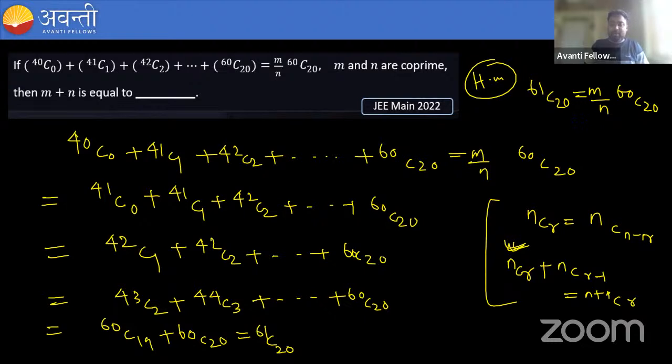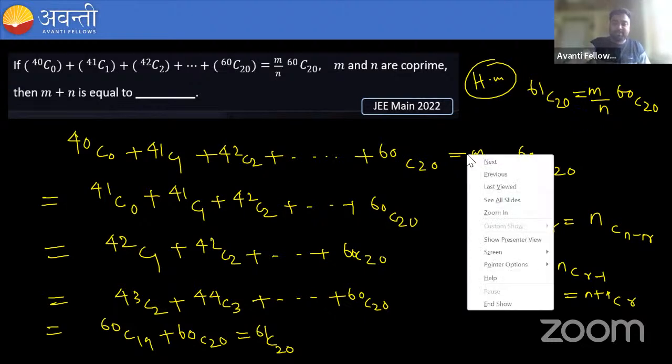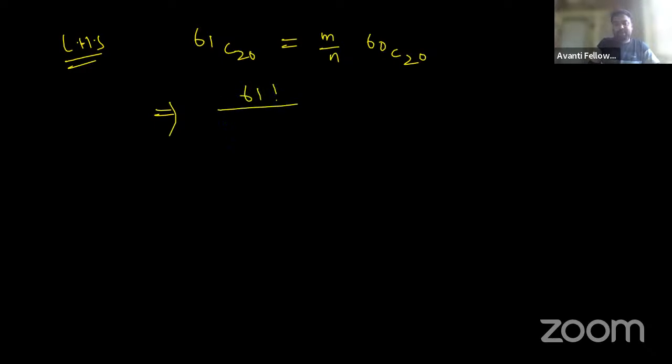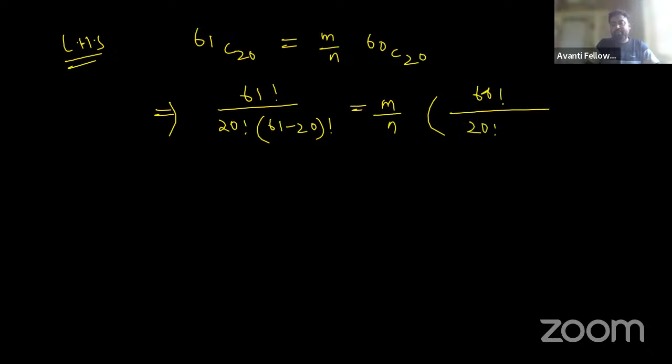If we use the formula of combination, this will be 61 factorial upon 20 factorial into (61 minus 20) factorial is equal to m by n into 60 factorial upon 20 factorial into (60 minus 20) factorial.